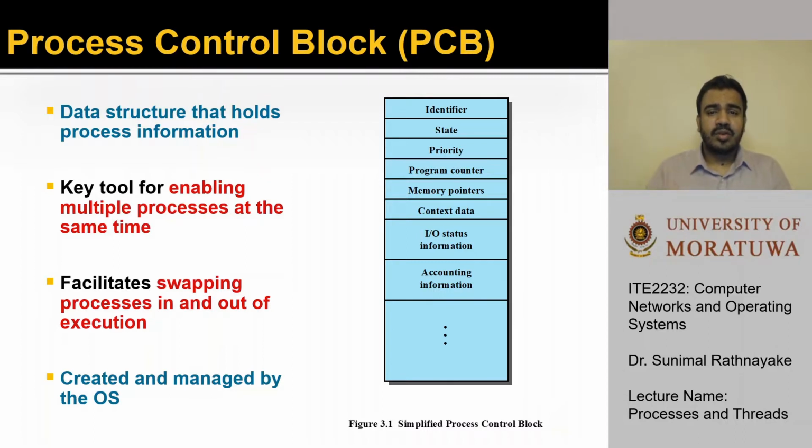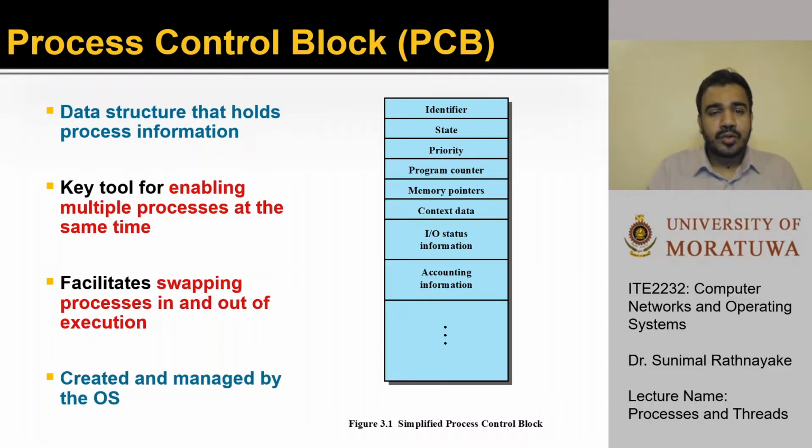The process control block is saved in memory. Each process has a process control block of its own. This data structure is the key tool for enabling multiple processes to use the processor at the same time.